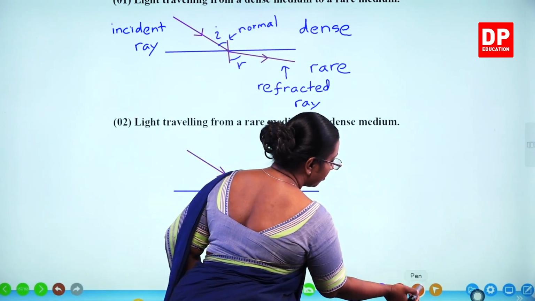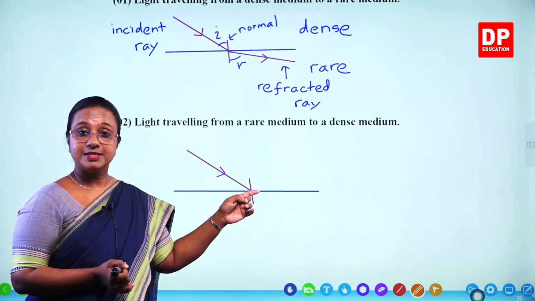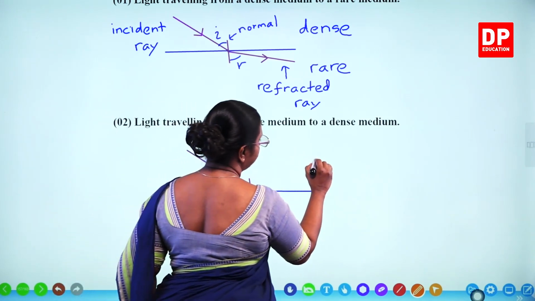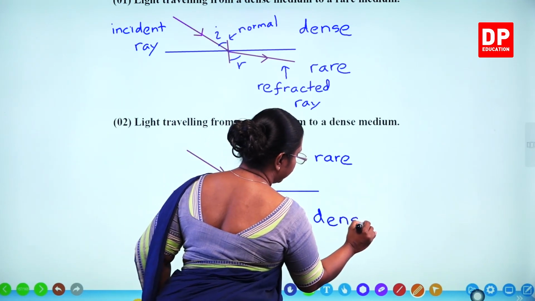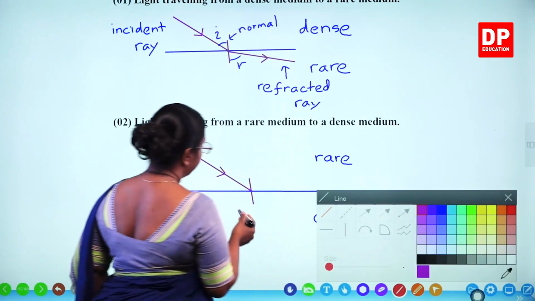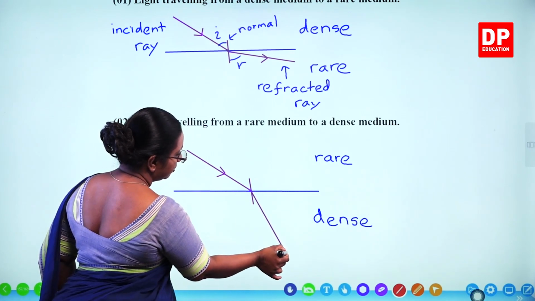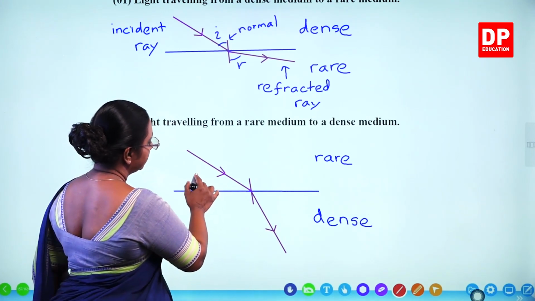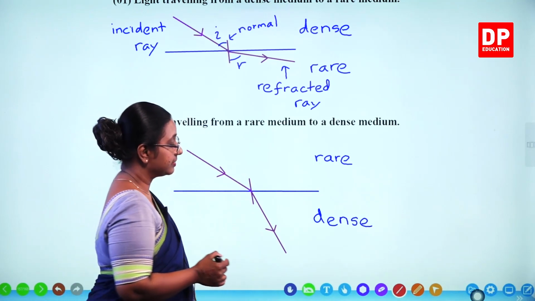And before I draw the ray diagram, we have to show which is the dense medium and what is the rare medium. So a light traveling from a rare medium to a dense medium. Then what will happen to the ray? Rare to dense, it will refract towards the normal. So this is the incident ray, this is the refracted ray, and that is the normal.